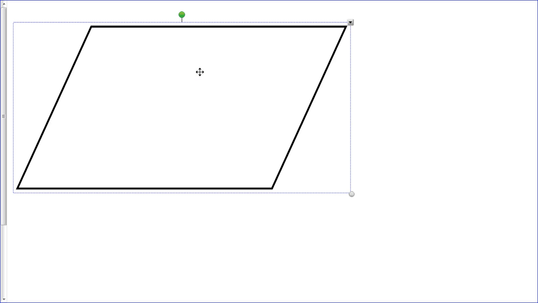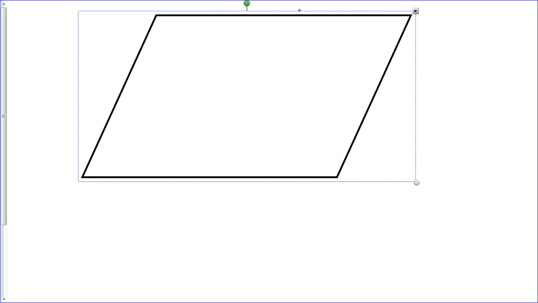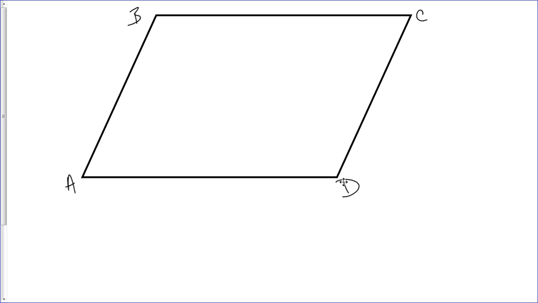With consecutive angles, remember, they're angles that share a side. So if we label this A, B, C, and D, consecutive angles would be like A and D. A and D are consecutive angles because they share a side.